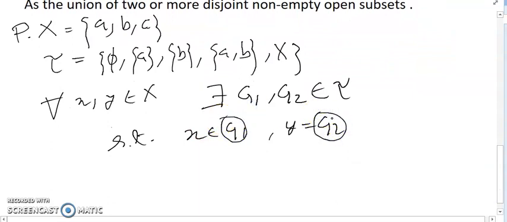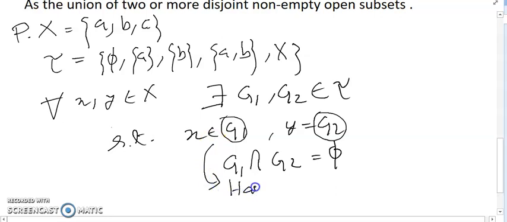Neighborhood generally we take as an open set. So G1 intersection G2 equals φ. That is the Hausdorff space. This is called Hausdorff.